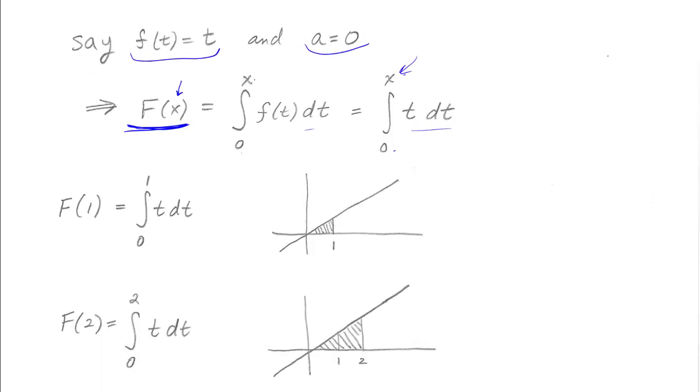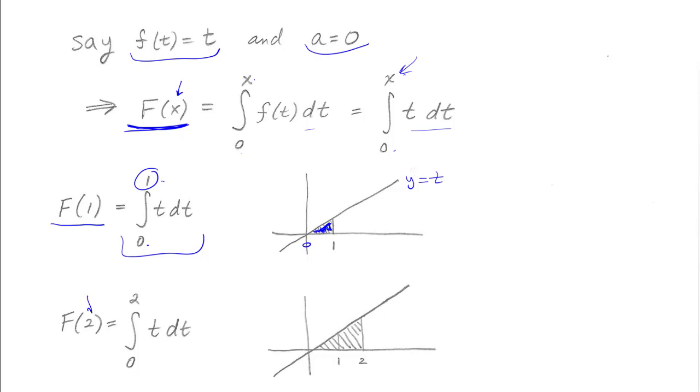For example, let's say we wanted to evaluate capital F of 1. Well, there goes the 1 in there, and then in order to do this, this is the integral that we have. But that definite integral is the area under the curve, basically y equals t from 0 to 1. So that's this area right in here, from 0 to 1 under that curve.